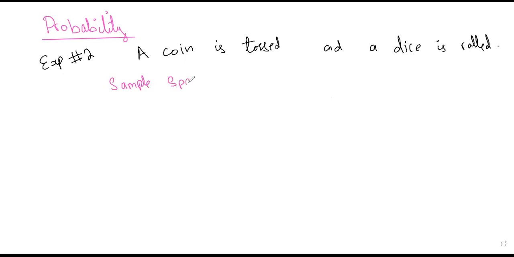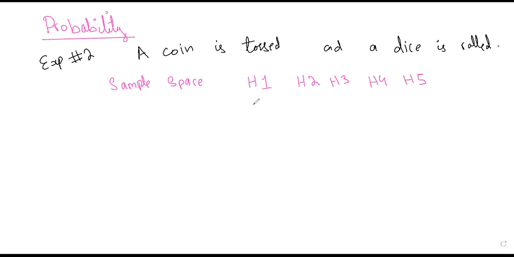Sample space. Okay. It could be that you are getting heads on the coin, and on the dice you are getting 1. It could be that you are again getting heads on the coin and you're getting 2. Okay. Heads 3, heads 4, and heads 5.